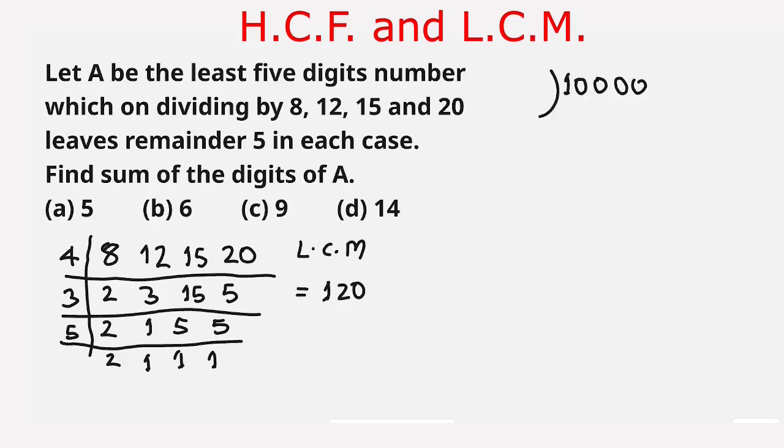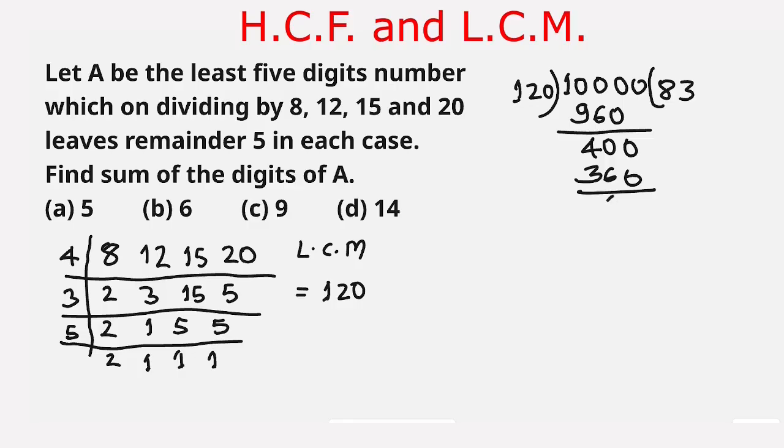We divide 10,000 by 120. 120 divides 1000 eight times. 8 times 120 is 960. The remainder is 40. We carry 0. 120 divides 400 three times. 120 times 3 is 360. The remainder is 40.